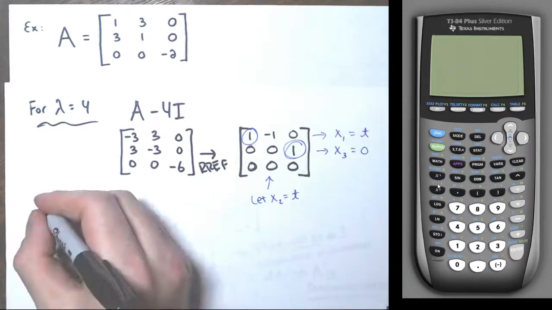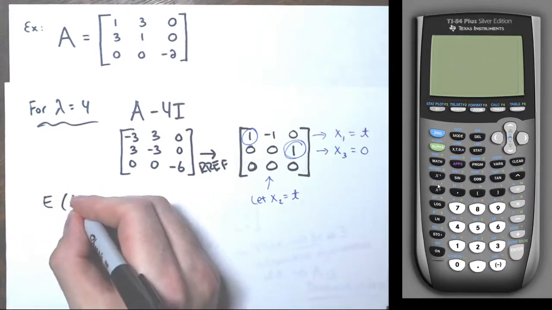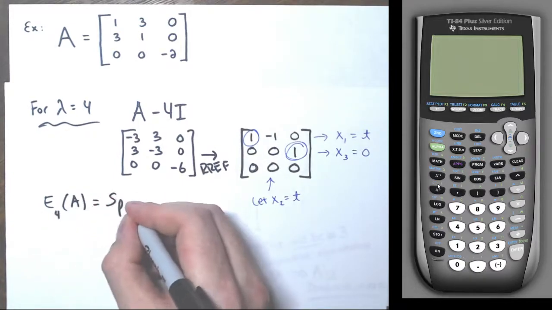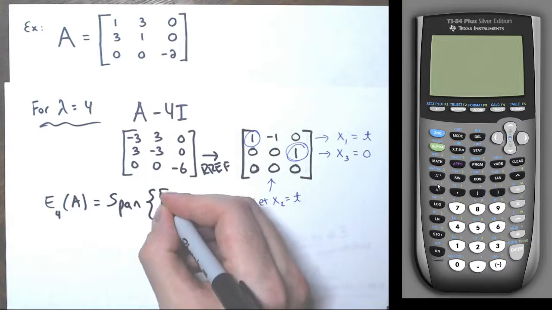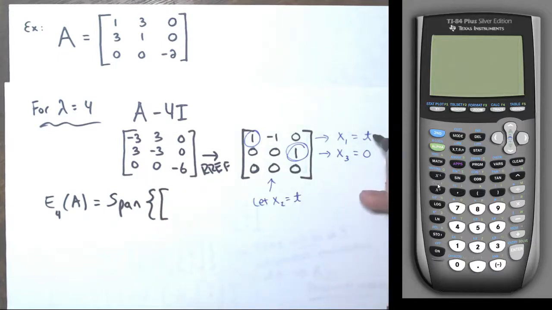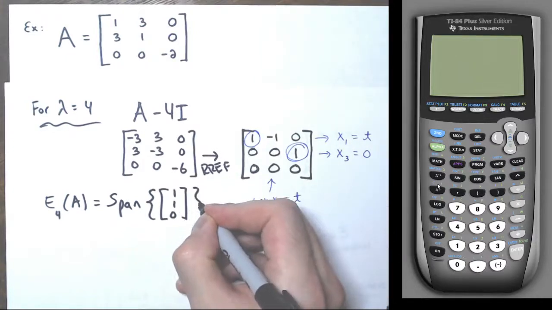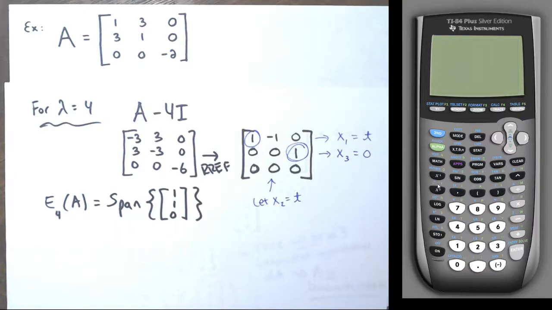So the eigenspace of A corresponding to lambda equals 4 is the span of the set with the vector, I'm sorry, not (1, 0, 1), but (1, 1, 0), because x1, x2, x3 is t times 1, t times 1, t times 0. Good lesson there: pay attention to the order of your variables.